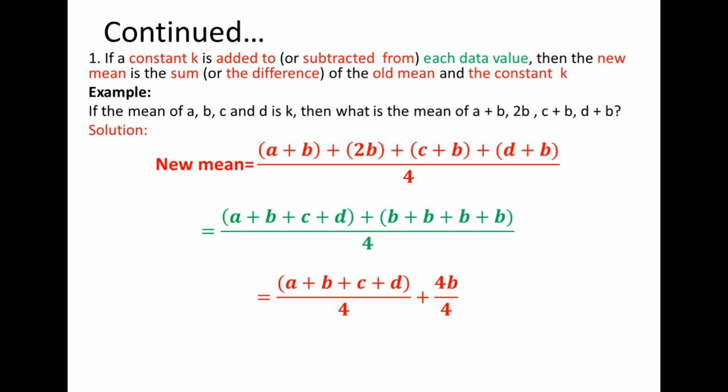Here A plus B plus C plus D all over 4 is the old mean, and in 4B over 4, the 4 is cancelled by 4. We get k plus B, which means old mean plus the constant number B.